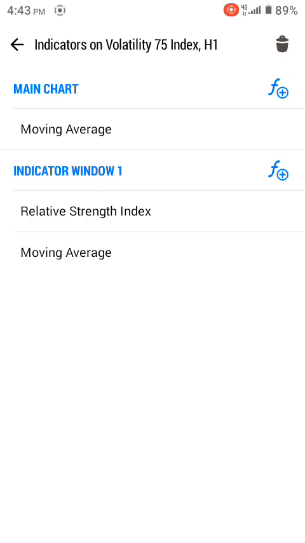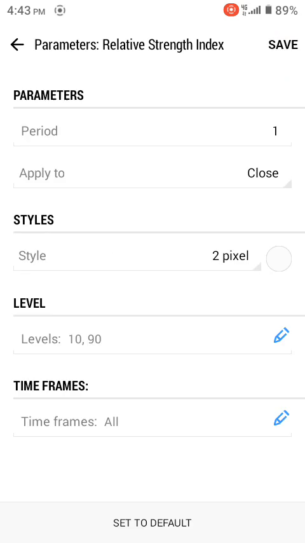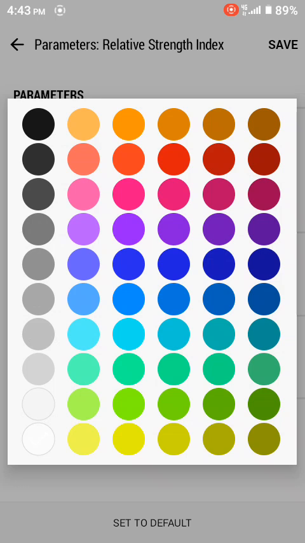On the indicator window we have an RSI. Period is 1, apply to close, and for the style make sure that the color that you choose is the same color as the background of your chart. The background of my chart is white, and that's why you can see that my color for the RSI is also white.